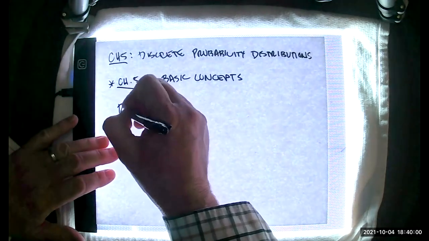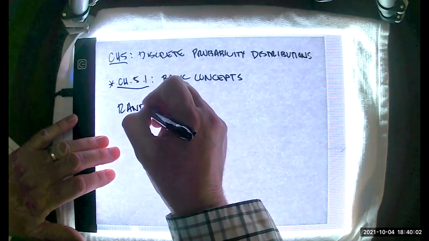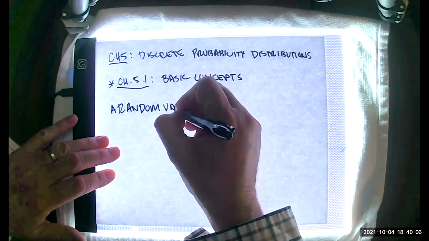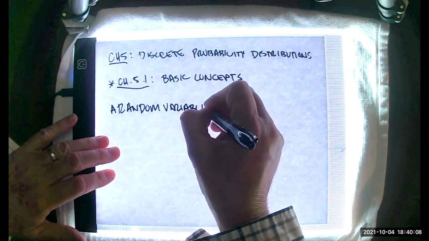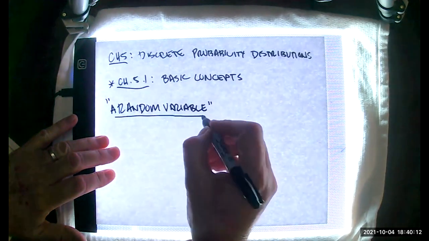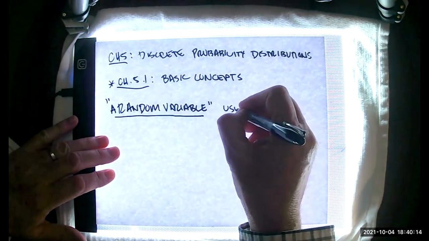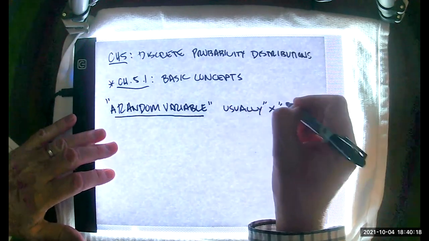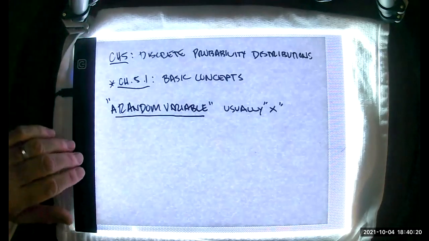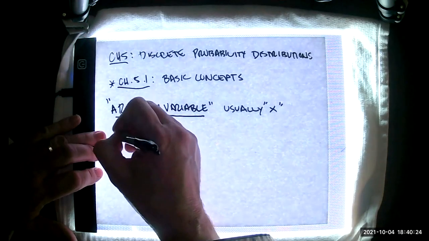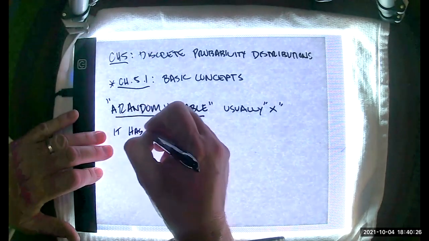First up, a random variable. A random variable, usually the letter X, has a single numerical value.